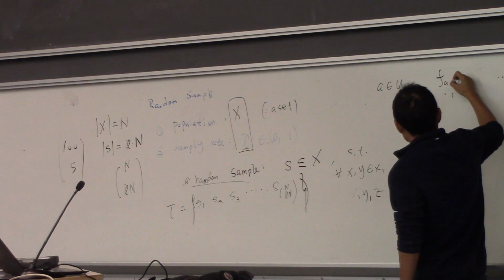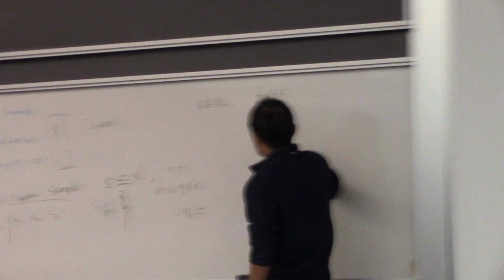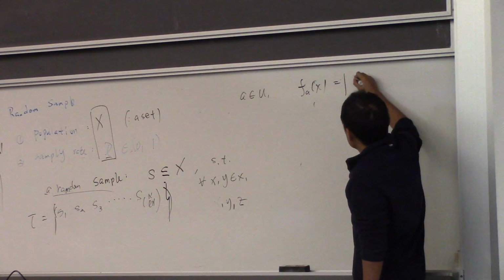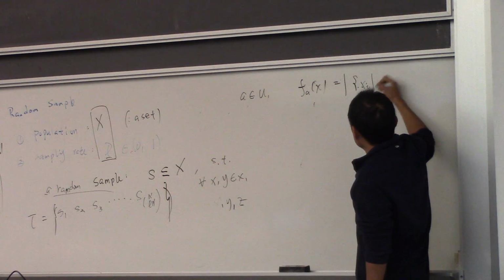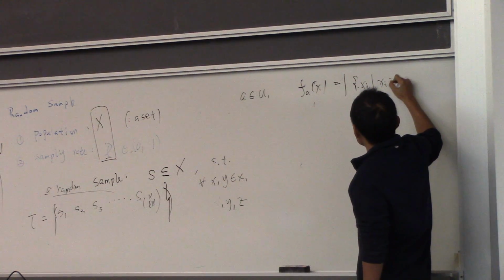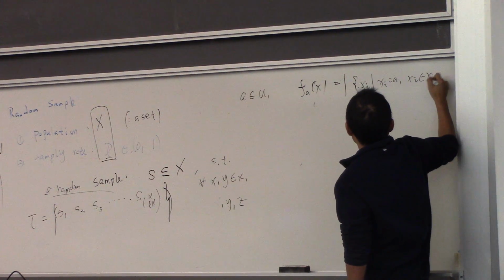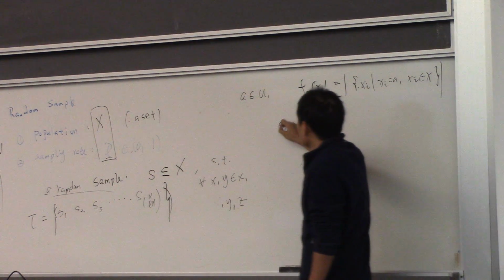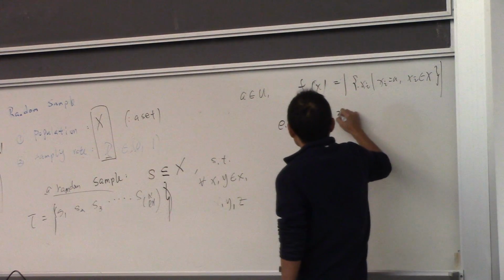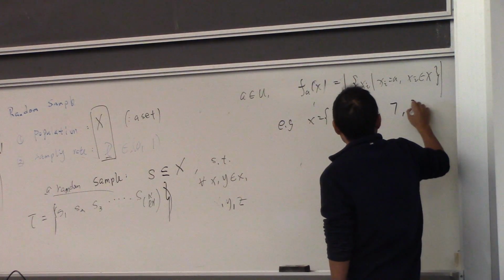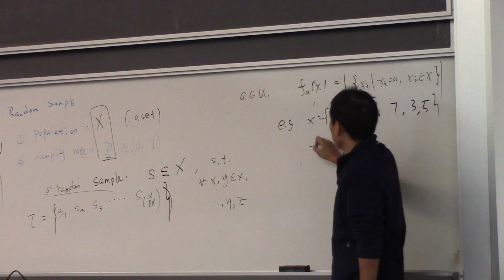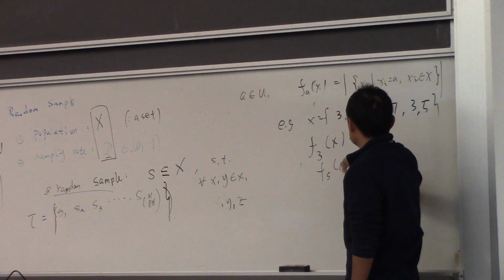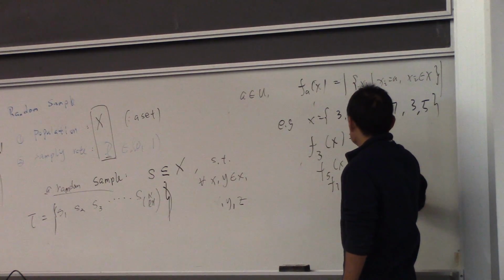I define this as the frequency of value a in the set X, which is all the x_i that equal a, where x_i is from the set X. So for example, if my X equals some multiset, then f_3(X) equals 3, f_5(X) equals 2, f_7(X) equals 1.